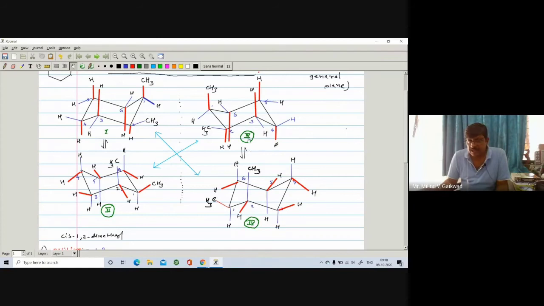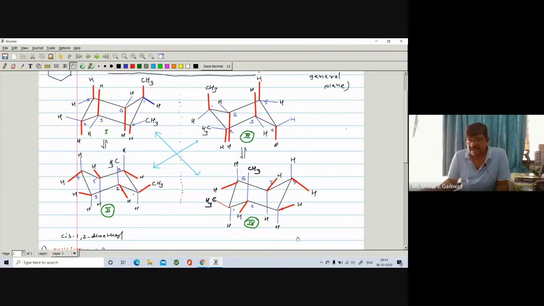Also we say that structure number 3 and structure number 4 are conformational isomers, meaning 2nd can convert into 4th and 4th can convert into 3rd. So instead of 3rd, we can put structure number 4. We can replace this 3rd by 4th, and you know this 1st and 4th are the same.